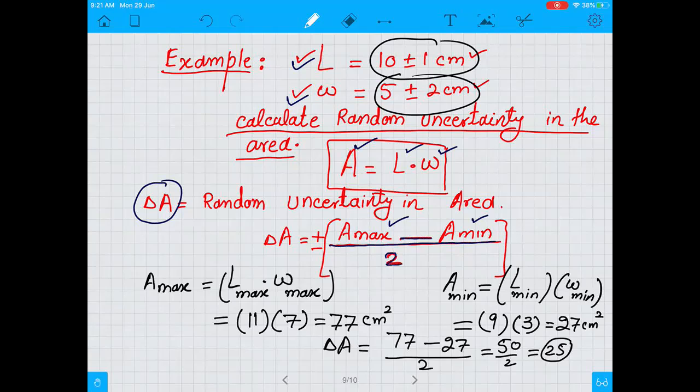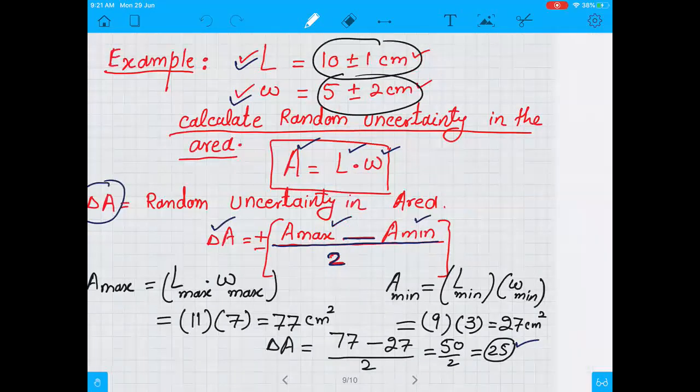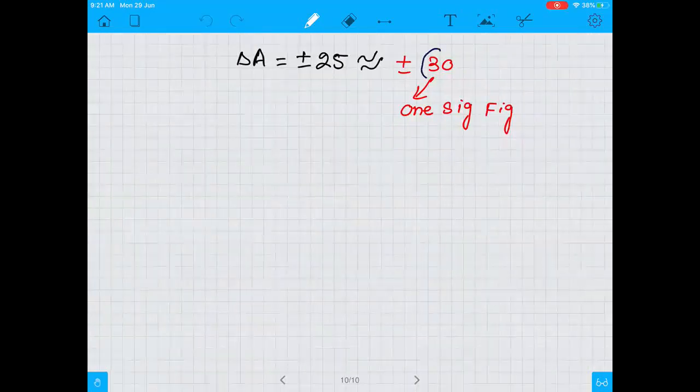And if you divide that by 2, that would give the random uncertainty in the area. The answer was 25, but you cannot write it up to two significant figures. Hence, it was written up to one significant figure, that is plus minus 30 centimeters square. So this is the answer for random uncertainty in the area.